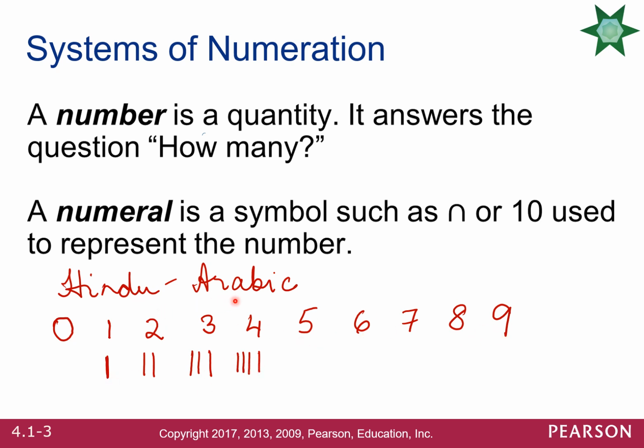Now, in the Hindu-Arabic system, like I said, we start with 0, and 0 represents when there's nothing to count. However, 0 becomes very useful when it appears to the right of any of these numerals, right?